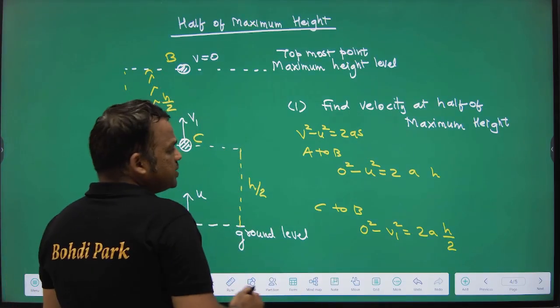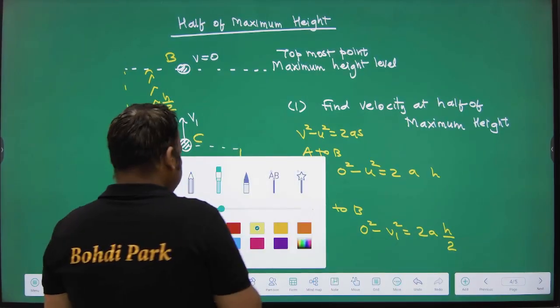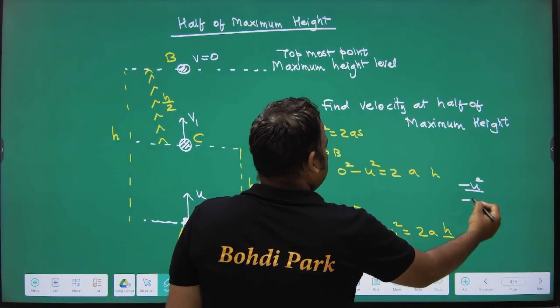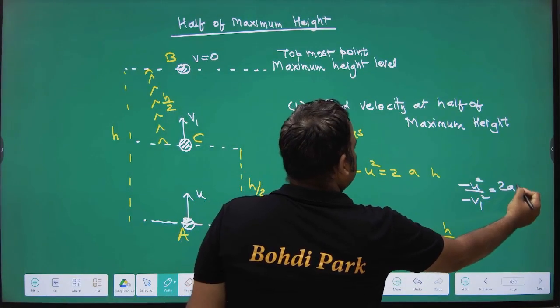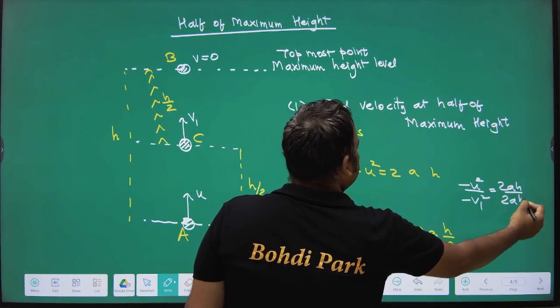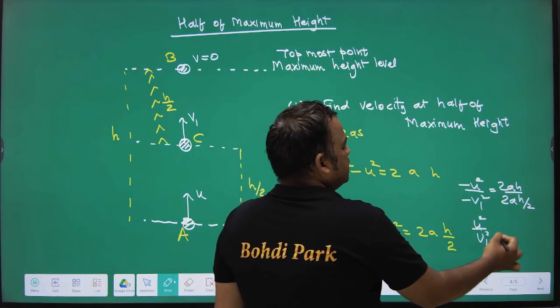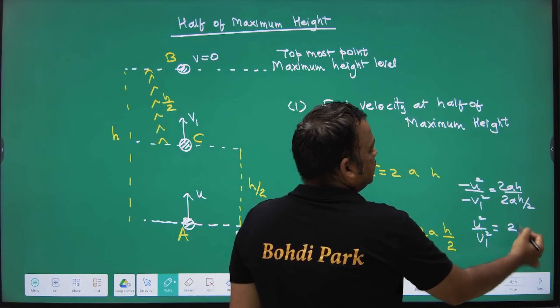Now divide these two equations. So we get minus u square by minus v1 square is equal to 2ah by 2ah by 2. So this will be u square by v1 square is equal to 2.